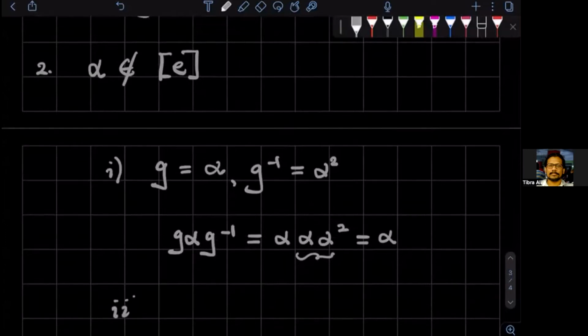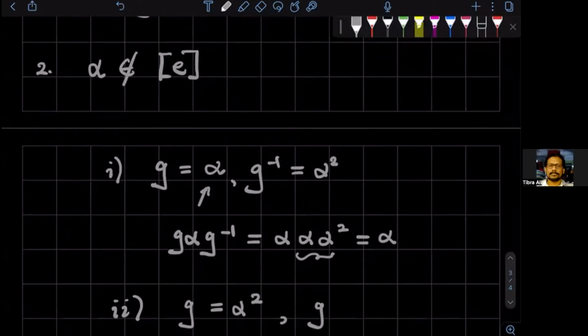Okay, so let's try another. We go down the list of all the elements, and then we take alpha squared. Is it like except alpha, we have to replace other elements in the G? Well, we also took alpha, right? Yes, sir.